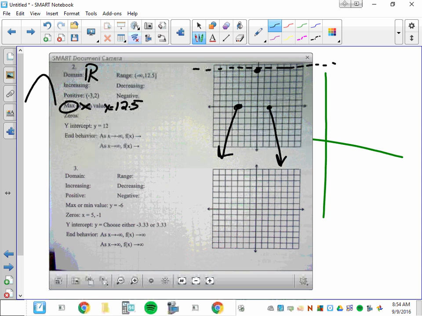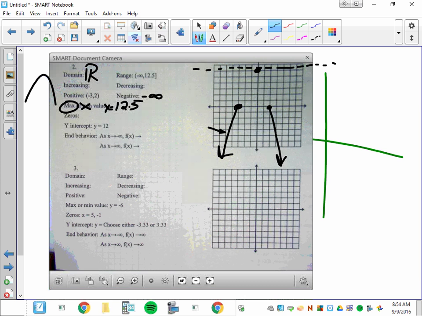Do I know where the graph is going to be negative? What are the intervals for negative? So this piece. Which x values create that piece? What's the smallest x for that left side? Negative infinity.